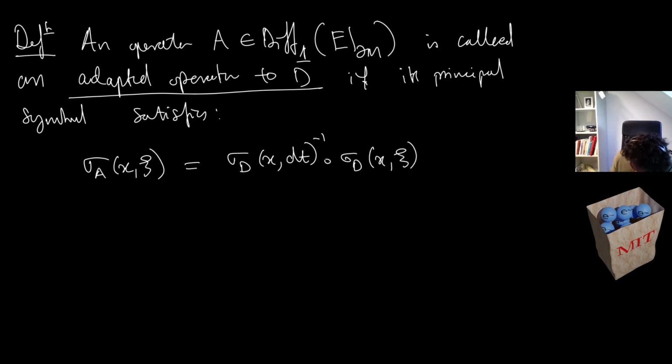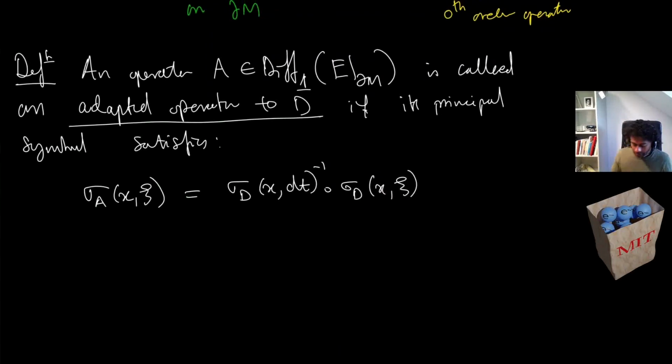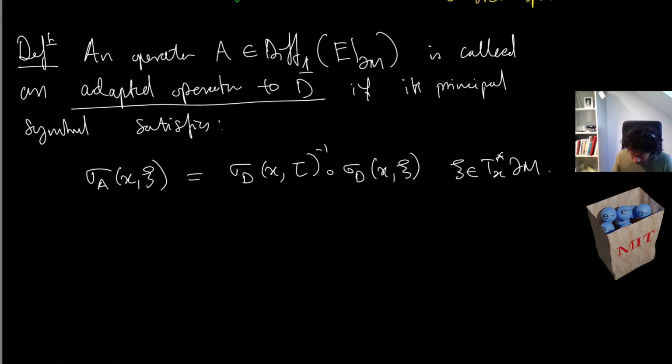Well, actually now we're really on the manifold, on the boundary. So the dt is a tau, right? So for psi in T_x star, the cotangent space of the boundary. Okay, good.